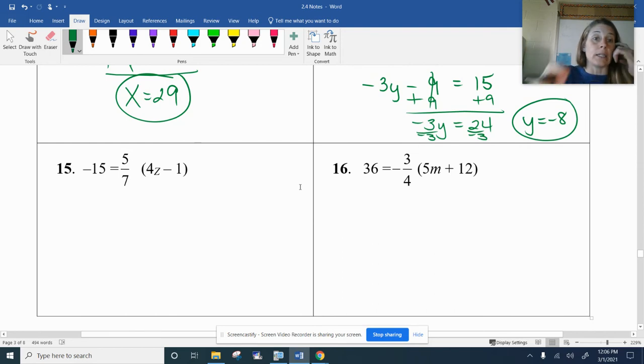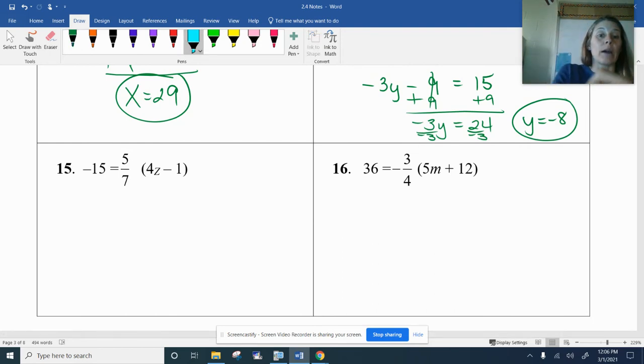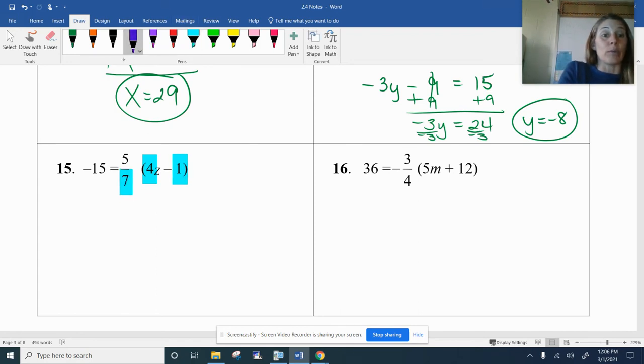Okay, so 15, again, this is one of the problems where I look and see, okay, 4 and 1, they're not easily divisible by 7, so I'm going to use the reciprocal here, meaning I'm going to multiply both sides of my equation by 7 over 5. So on the right-hand side, I just have that 4z minus 1, and on the left, I could multiply 7 times 15, but that's kind of big to do in my head, so I'm going to instead reduce here.